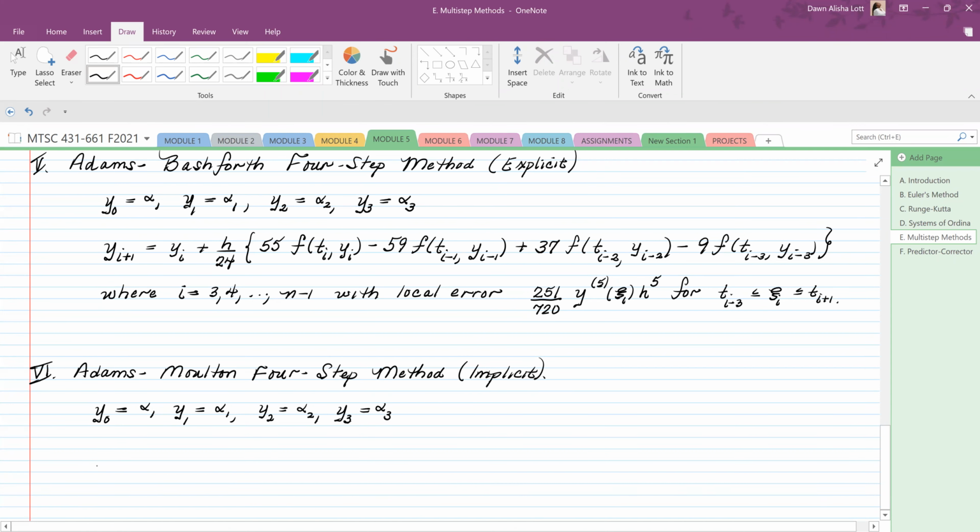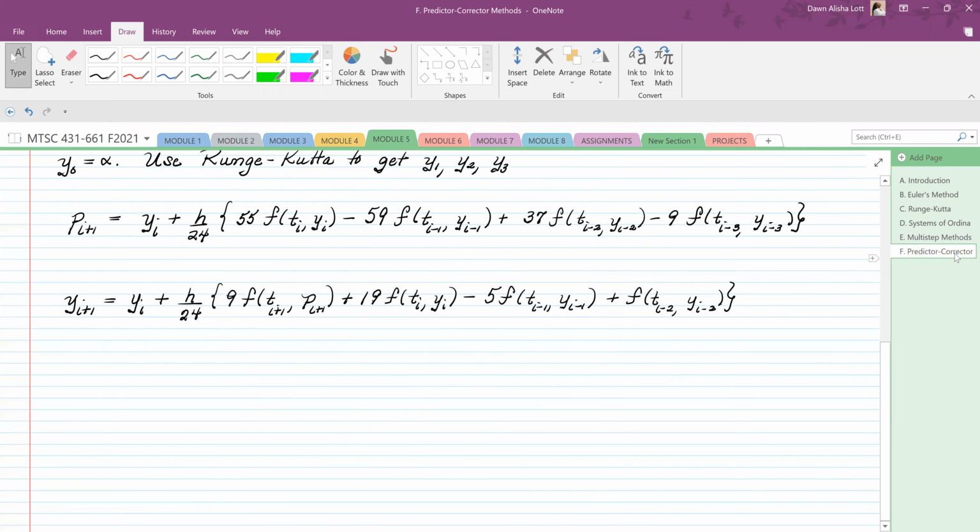And then y_{i+1} is equal to what I just had on the other one. So I will copy and paste, and then I'll give you a minute to write it down.